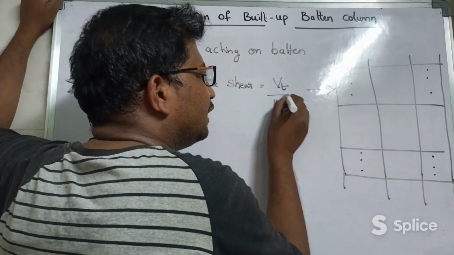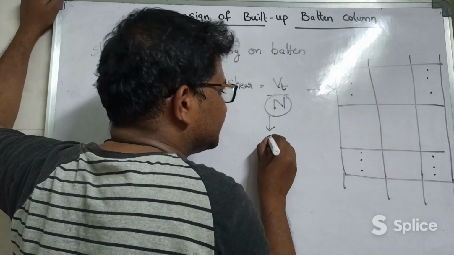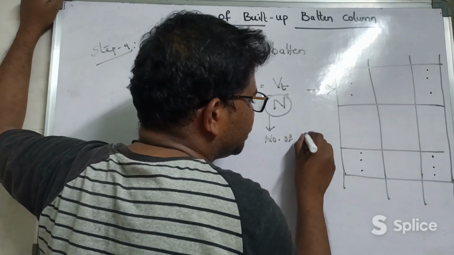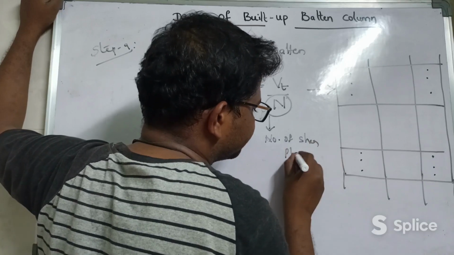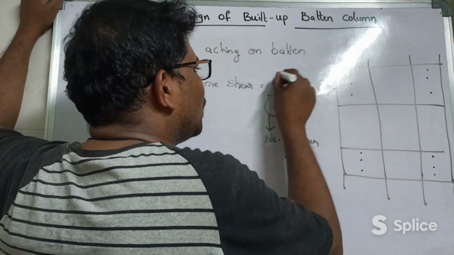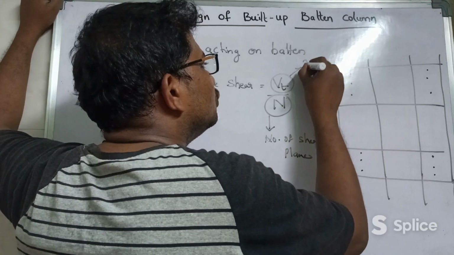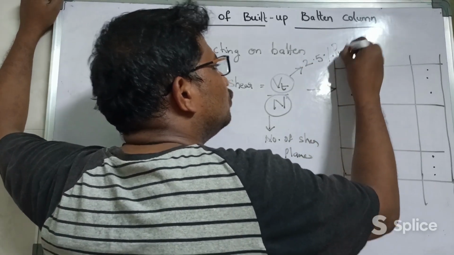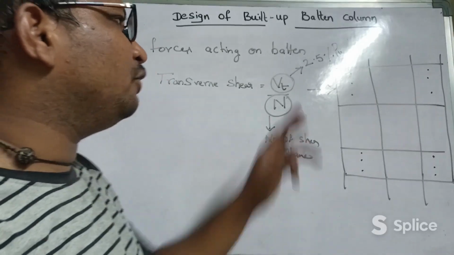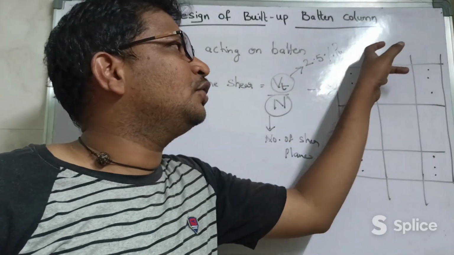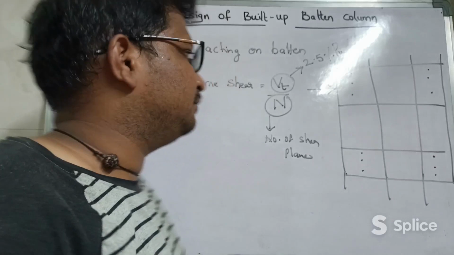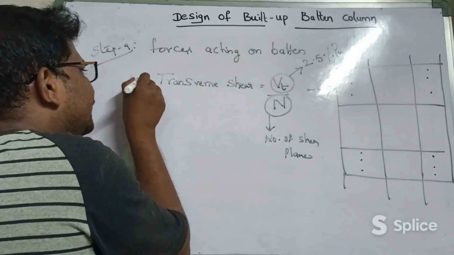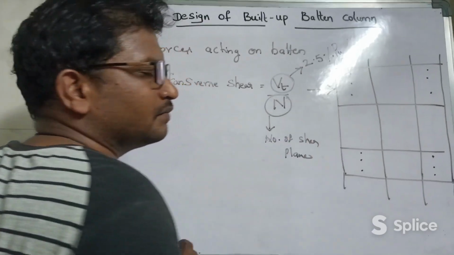Vt by N, N means number of shear planes. Vt is equal to 2.5% of Pu. 2.5% of Pu means 2.5 by 100 into factored load given in the question. From this you can determine the transverse shear. This is one force acting onto the batten like this.